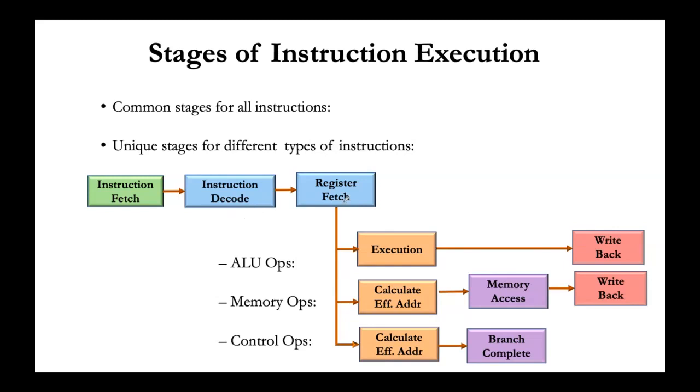In the third stage, register fetching is done. In the next stage, the execution, or memory execution, is done. And then finally it goes for write back. As we just saw, there are 3 different classes of instructions: ALU operations, memory operations, and control operations, that is your branch operations.